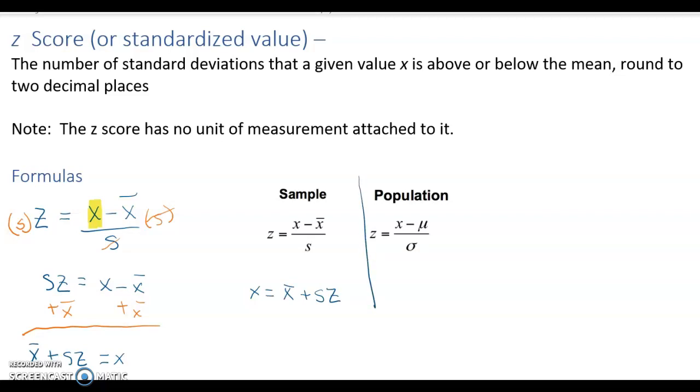In population format, that would be x equals mu plus sigma times z. It's important to have both forms of the formula so we can translate from x to a z-score, or we can translate from a z-score to an x value.